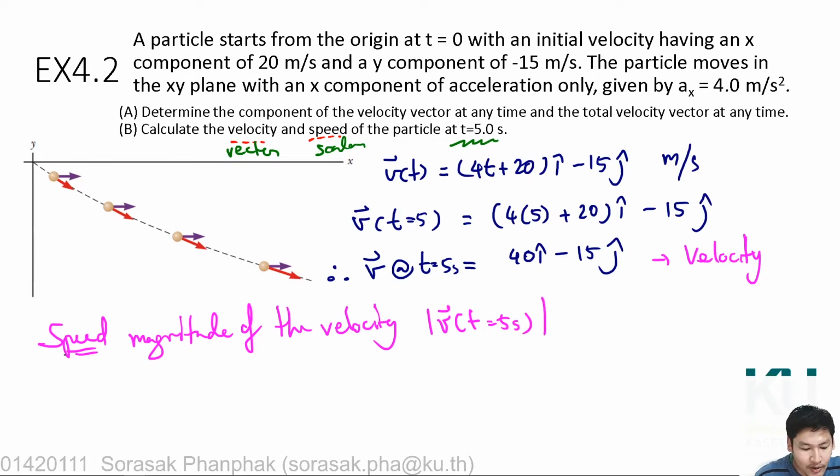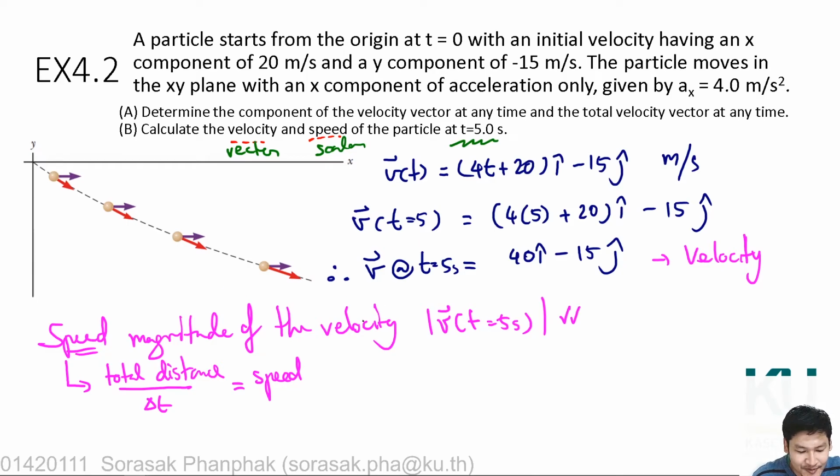But if you would like to find the speed, and you know the total distance and you divide by the time, that is the definition of the speed as well, right? But in this case, we're going to find the speed from this definition.